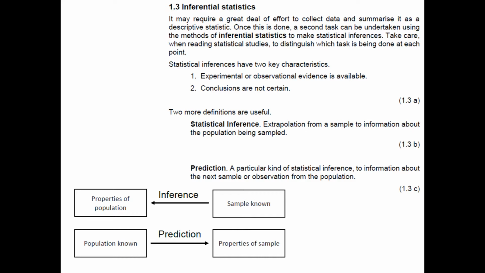There's this sketch just to summarize the idea that inference is where we have some known sample of data and we're trying to estimate things about the population. And then prediction is if we know the population, we're wanting to draw inferences about the properties of some future sample that we have not yet seen.